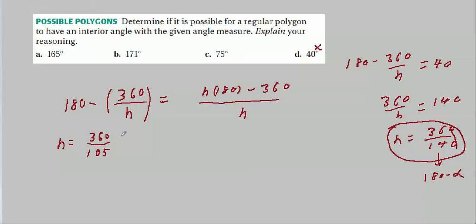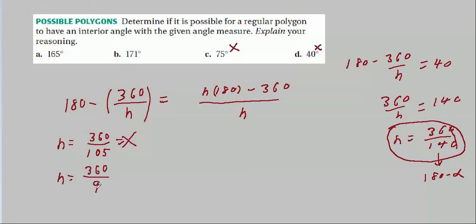When we work this out, that's not an integer either. So this won't work. What about this one? 180 minus 171. Wow. Okay. That's going to be 360 over 9.